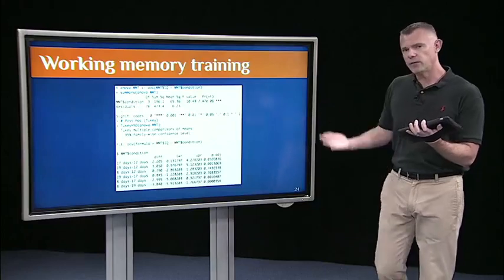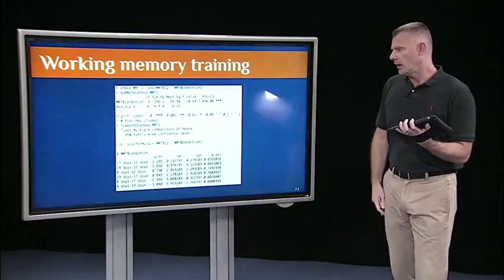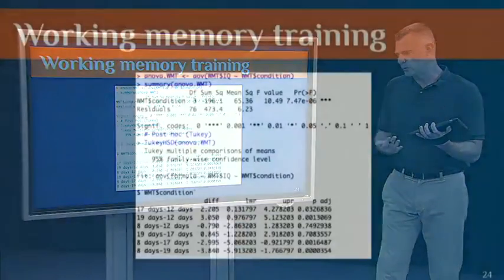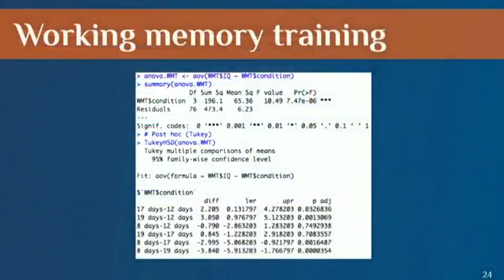So let me go to the full output now, and you'll see at the top the summary table we just looked at. And now you'll see the output of this Tukey procedure, which does all the pairwise comparisons for us. But what's important to remember now is you can't just do lots and lots of pairwise comparisons like we did when we did independent t-tests.